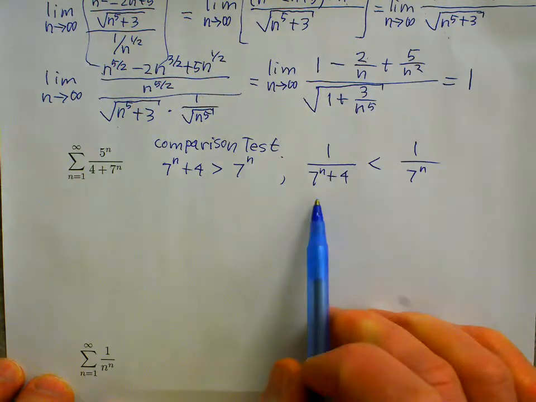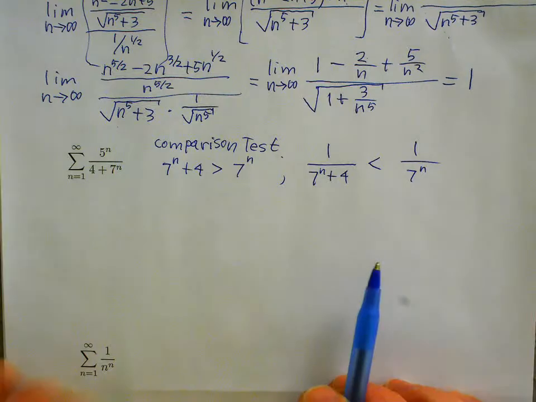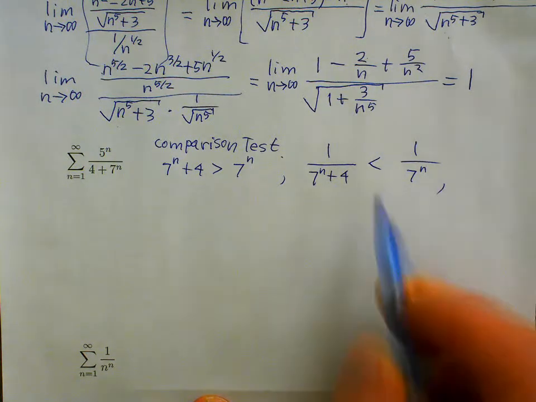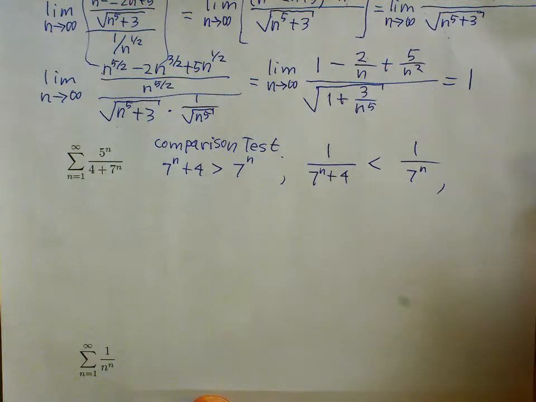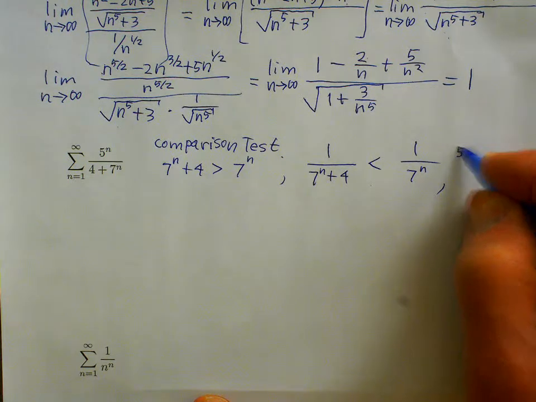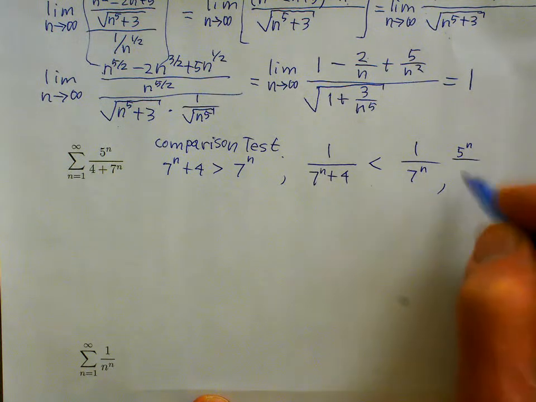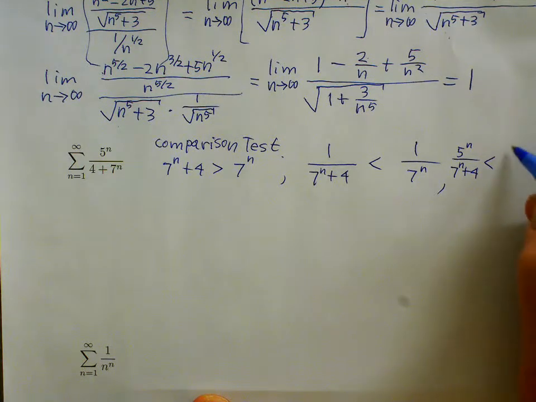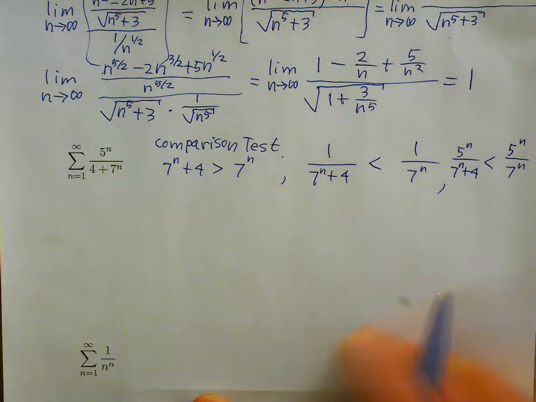And if I multiply both sides by 5 to the nth, which is just a positive number, the inequality will be preserved. So 5 to the nth over 7 to the nth plus 4 is less than 5 to the nth over 7 to the nth.